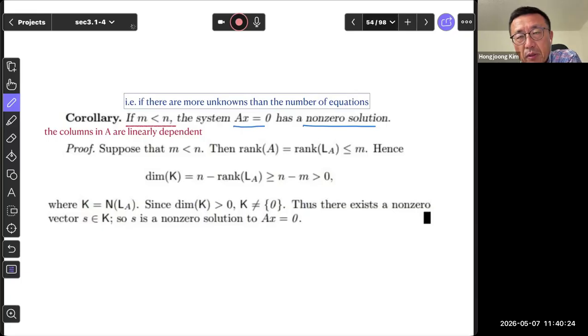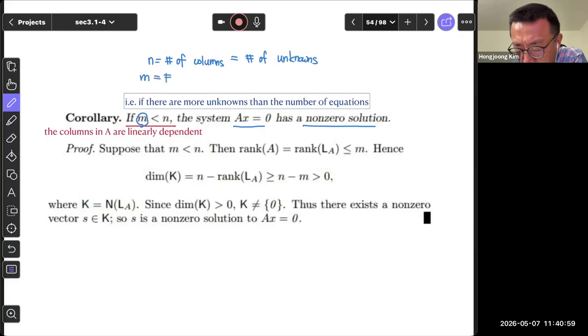The number of columns represents the number of unknowns, and m denotes the number of rows, which represents the number of equations.